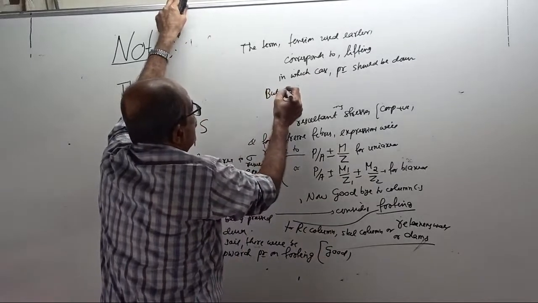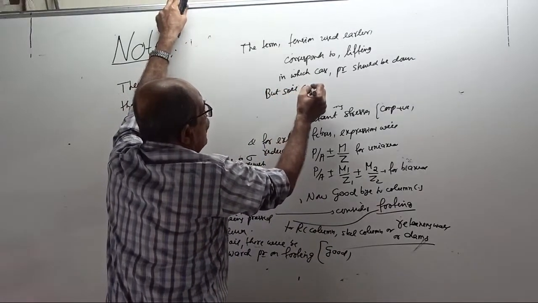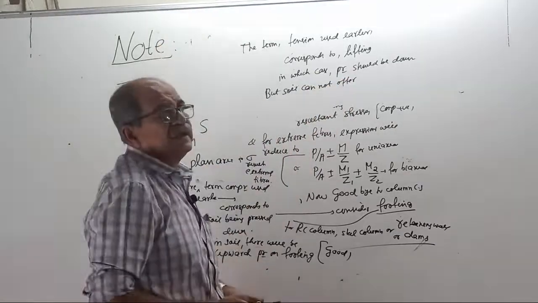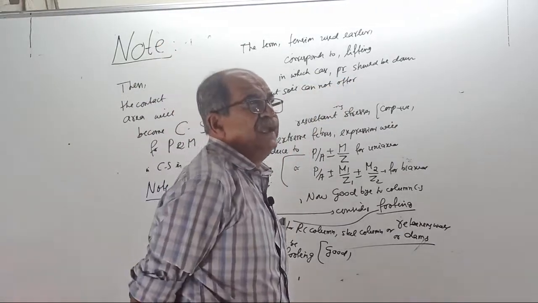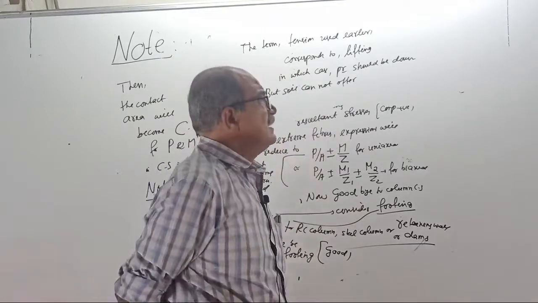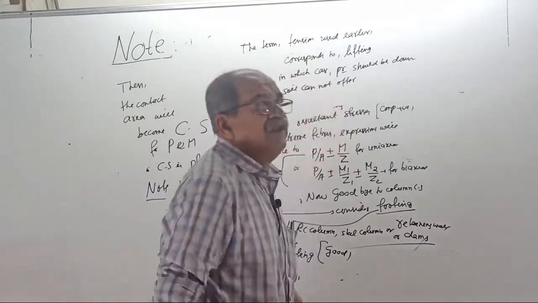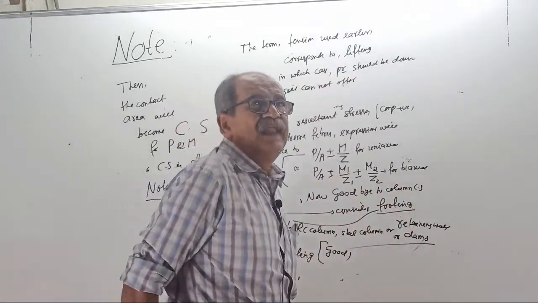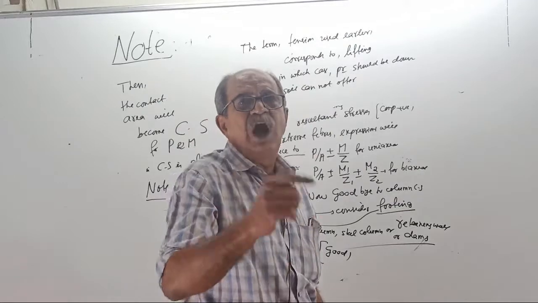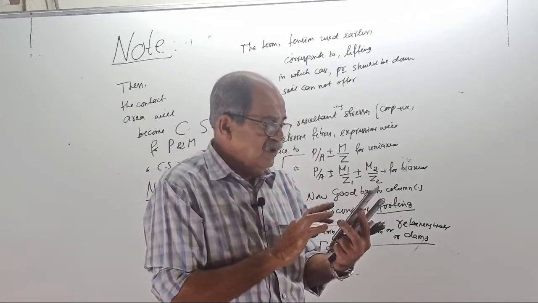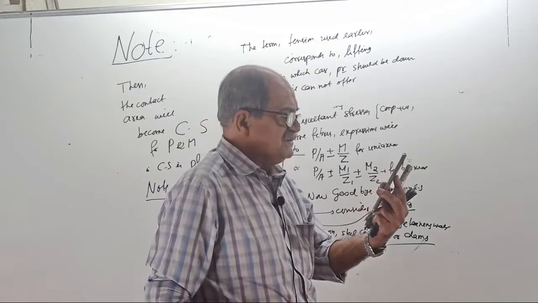But soil cannot offer what pressure? Suppose you stand here. If I lean this way, I will be pressing the soil, and the soil will give reaction. On the other side, lifting will come. Will the soil give downward resistance?